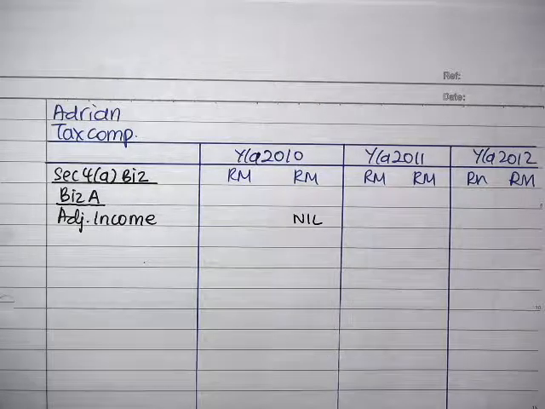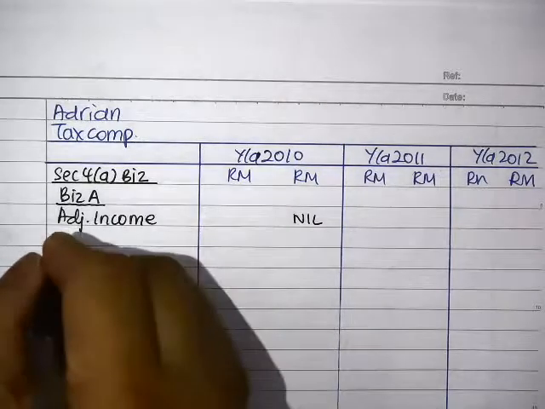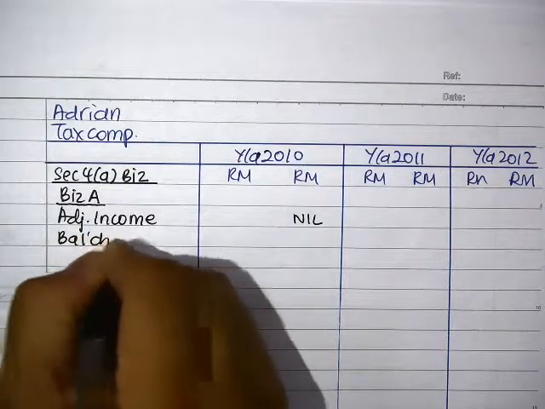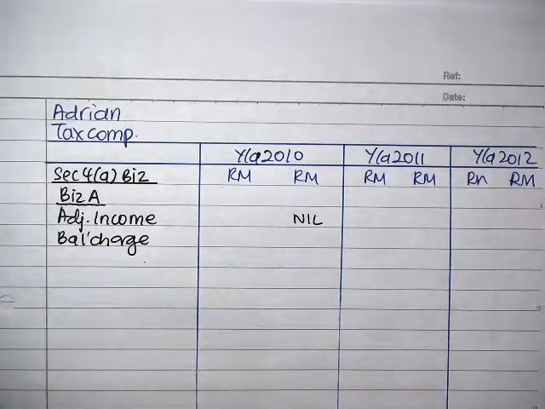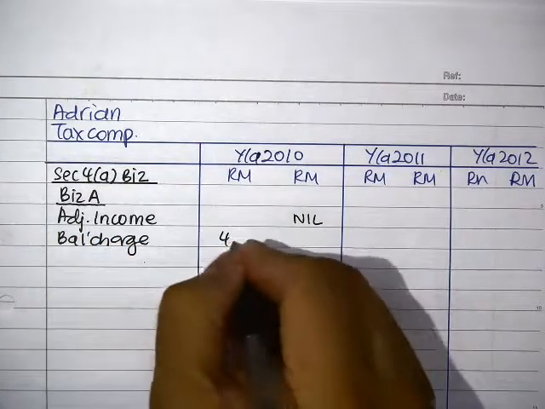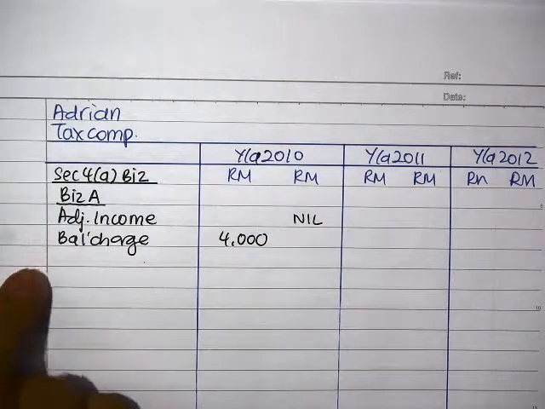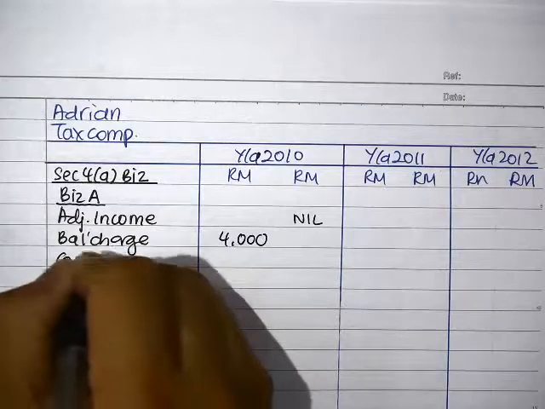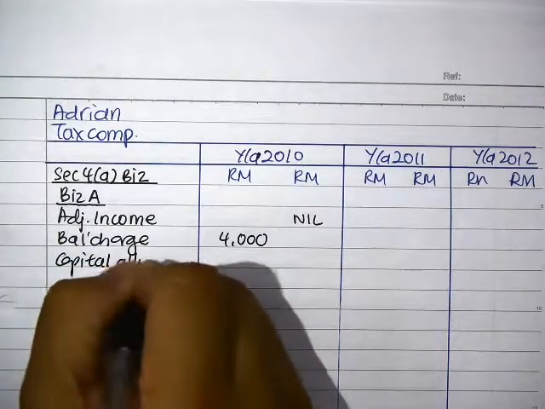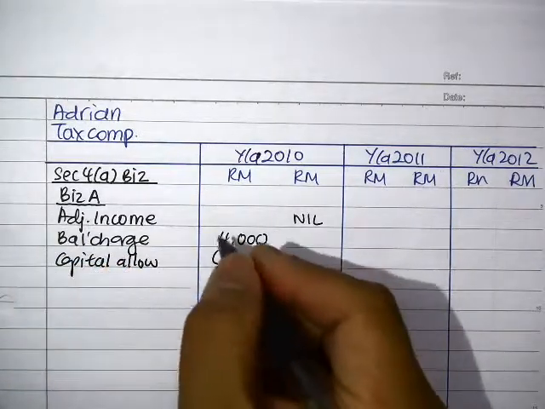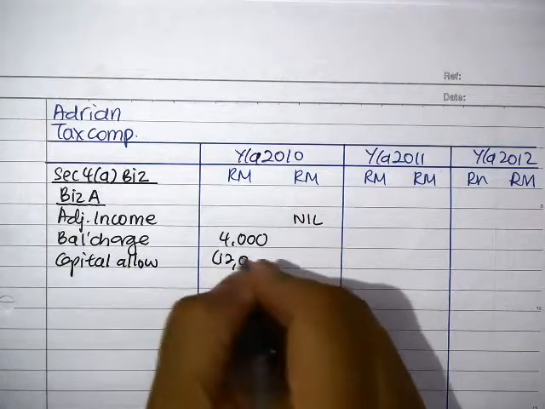Now there's a current year loss. Well, but still there is a balancing charge of 4,000. So remember, the charge must come first, then the CA. So the capital allowance for business A is 12.